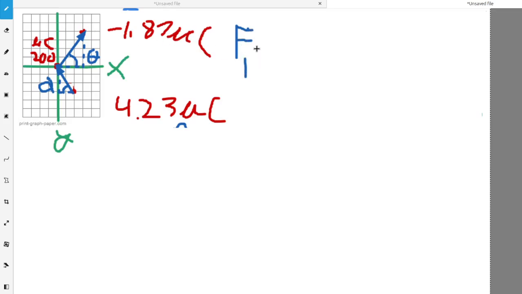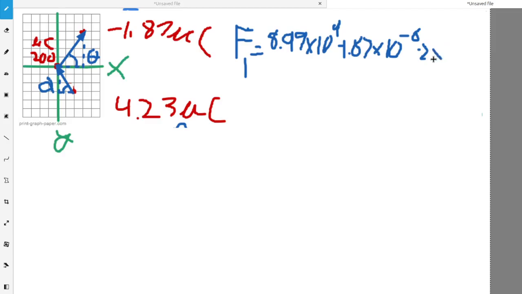F1 for this is going to be 8.99 times 10 to the 9 times negative 1.87 times 10 to the negative 6 times 2 times 10 to the negative 6, over this distance, which is going to be 5 centimeters, 0.05 squared.